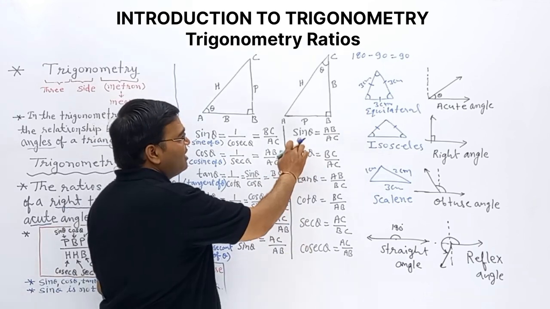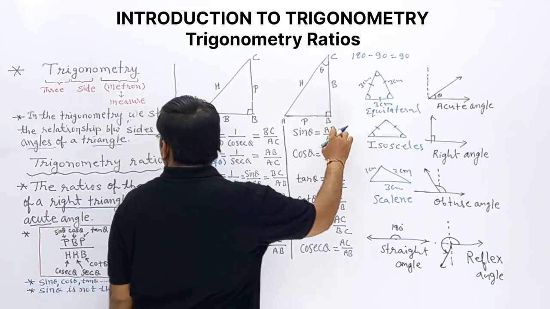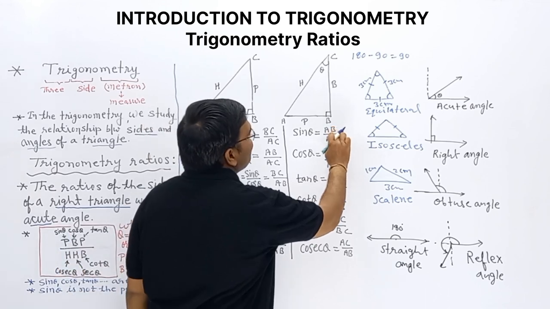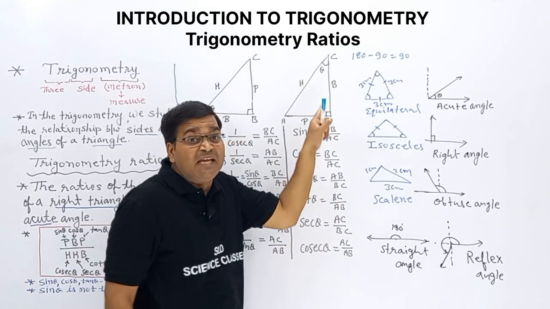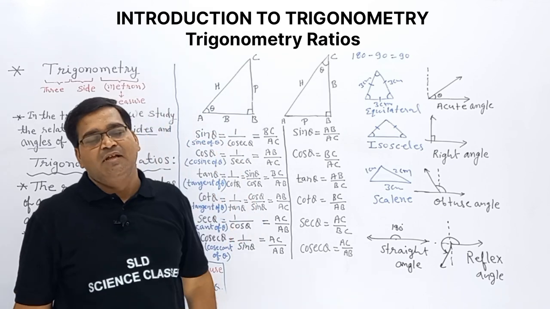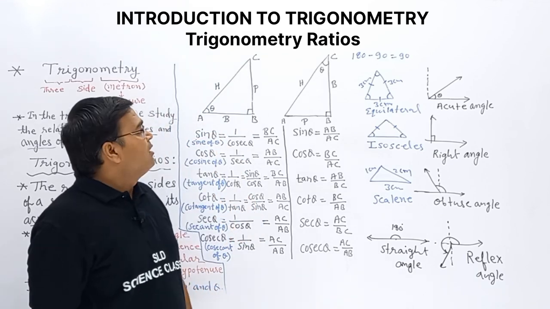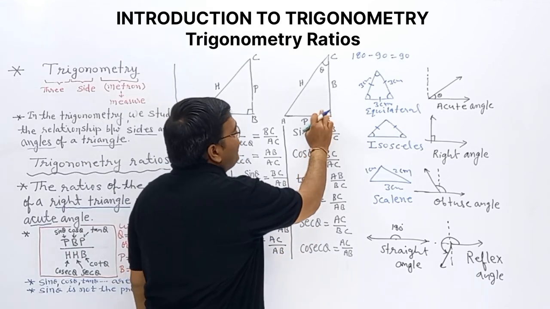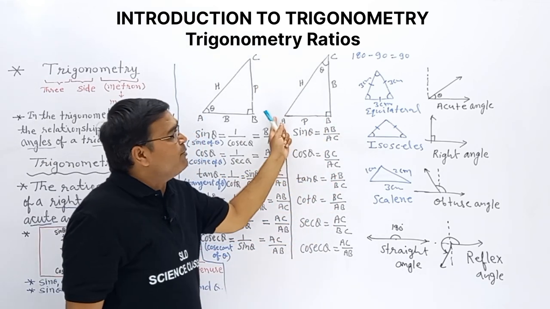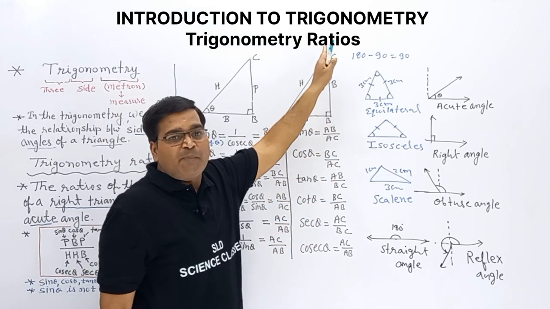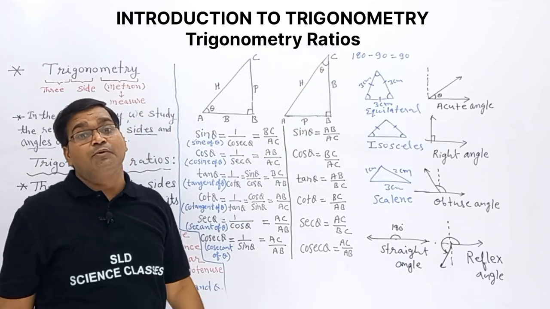Clear? Sin theta will be what? P to H. P is what? This one. Now this is not P. It is looking like P, but it is not P. Opposite of 90 degrees is the hypotenuse, that's okay. It is looking like base and perpendicular, but not allowed.